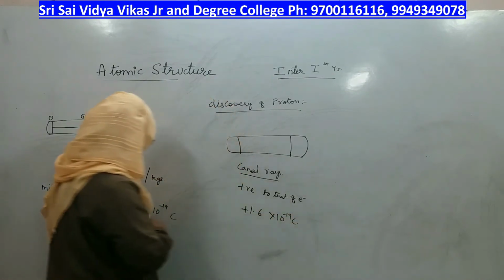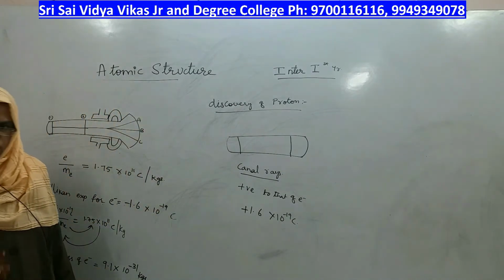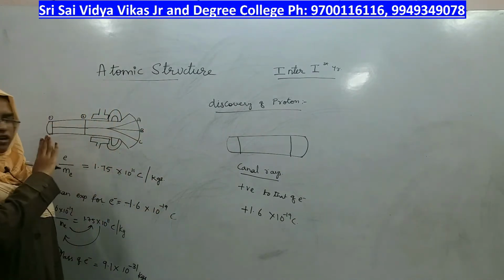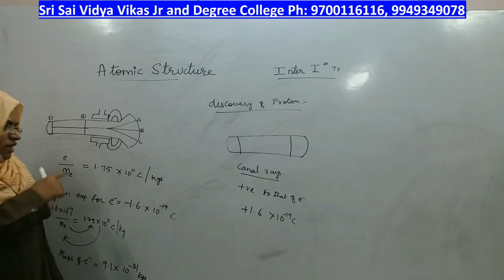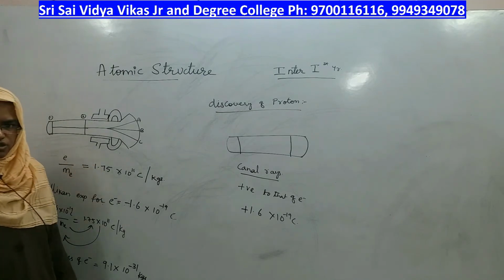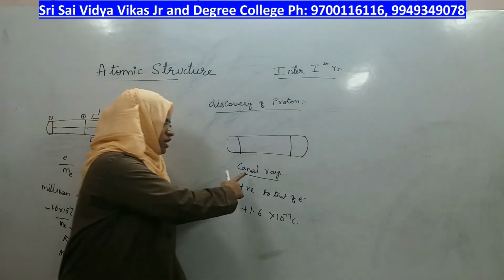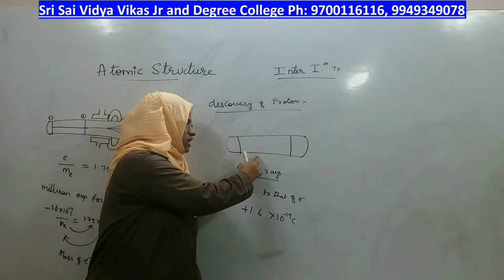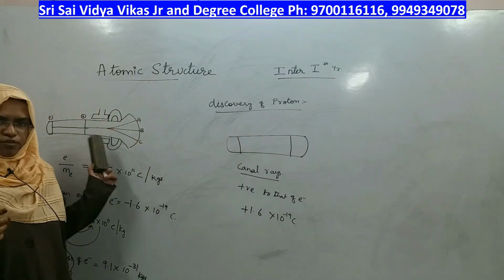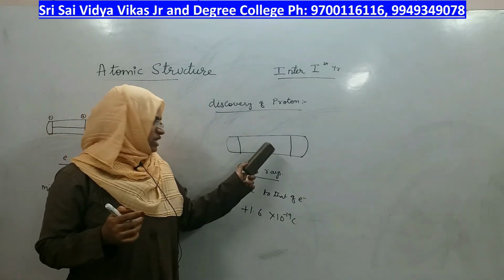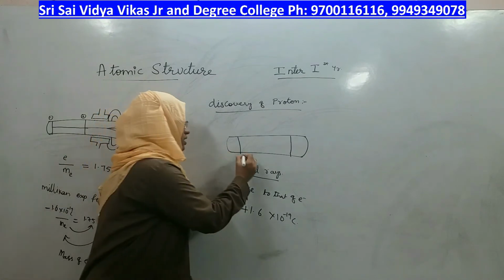Why do you get the same charge even for the proton? It is because of the behavior of the electron in the cathode ray discharge tube. What is the behavior of the electron in the cathode ray discharge tube? The same is the behavior of the proton in canal rays, but exactly opposite, right? Exactly opposite will be the behavior of the proton in this modified CRT tube.